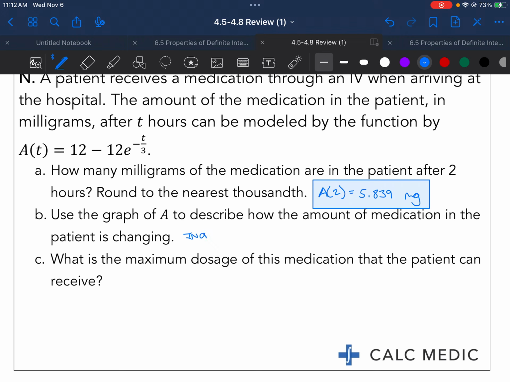So it increases rapidly, but starts to increase slower. It'll continue to increase towards a value of 12. So it increases rapidly, but starts to increase more slowly, never exceeding 12 milligrams.